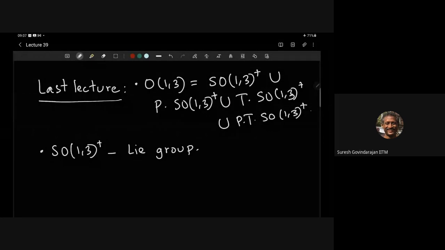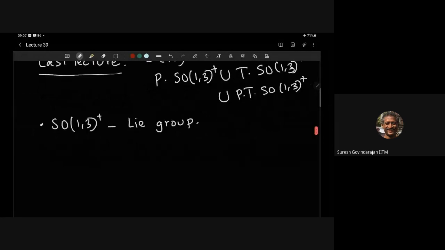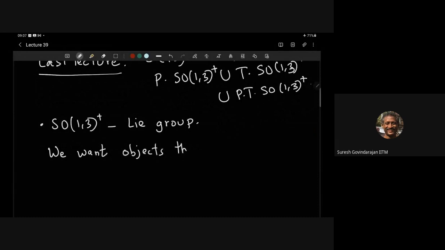Okay, and so in physics we want objects that transform nicely under SO(1,3)+.